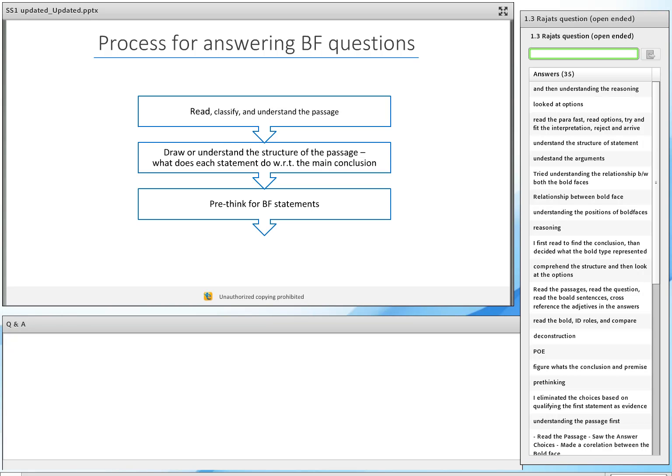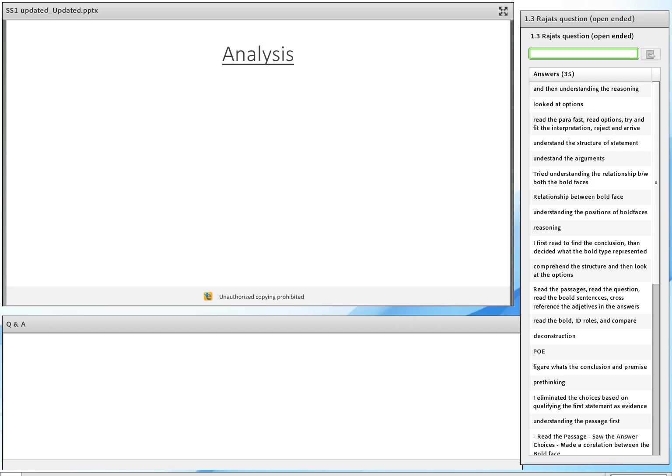Then we pre-think the roles played by bold-faced statements, and we have a standard terminology on how we pre-think. And once we do that, we analyze the option statements to really see which option statement is technically correct based on the understanding that we have from the argument. Okay, so let's try and do that overall.